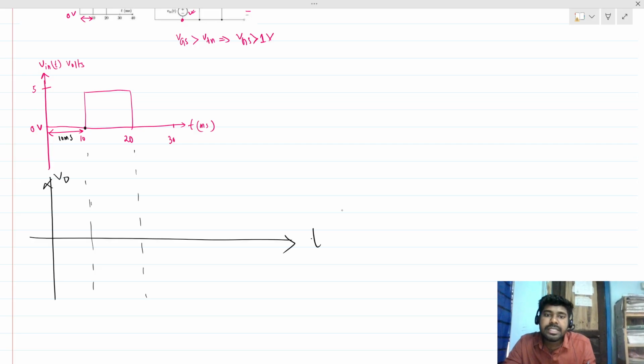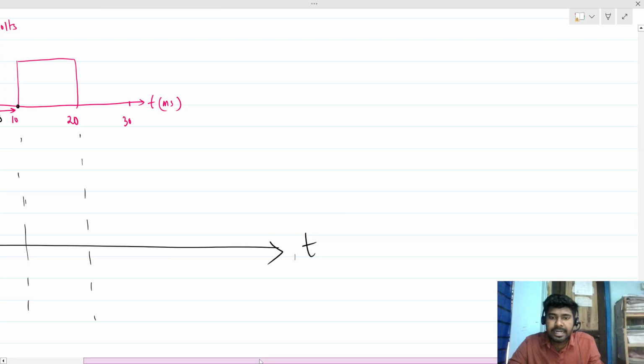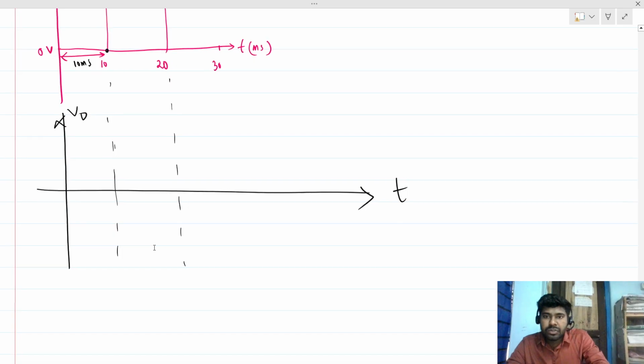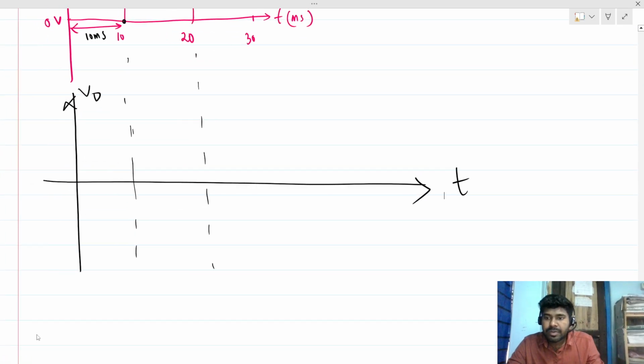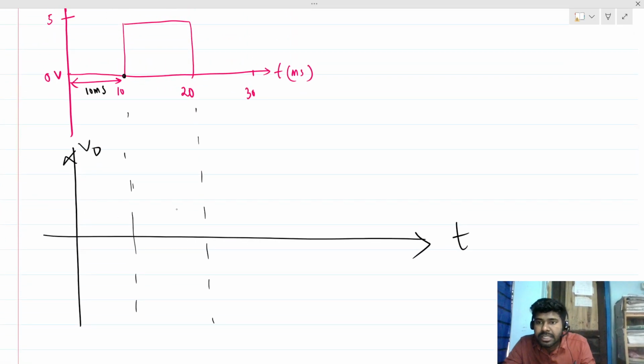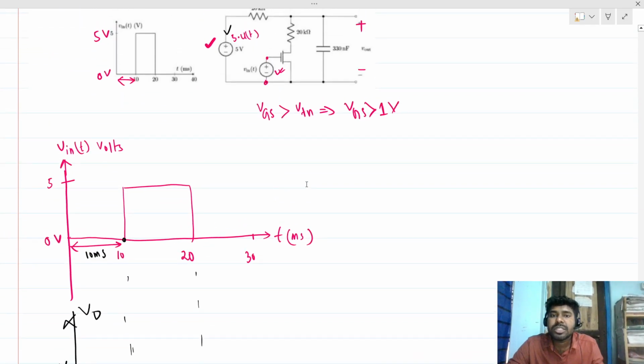And how will it charge? It will charge exponentially, right? Because there is no infinite current and there is no constant current, so we know that the charging of a normal RC is exponential. So it will charge exponentially to 3.9 volt. Now the capacitor is charged to 3.9 volt.